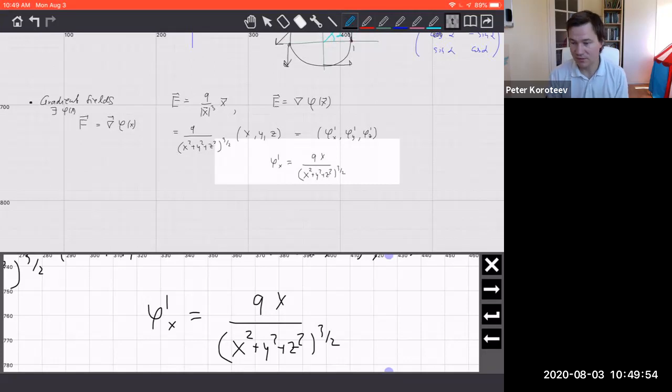If you don't want to integrate, you can take the answer from physics and write it in these terms. If the electric field decreases quadratically with distance, the potential decreases as 1 over the distance. So let's write it in terms of the absolute value of x.